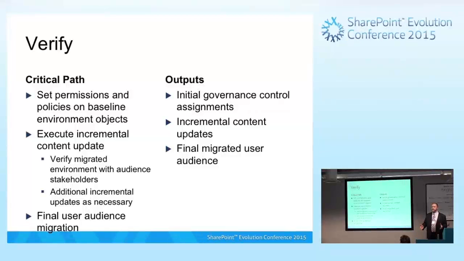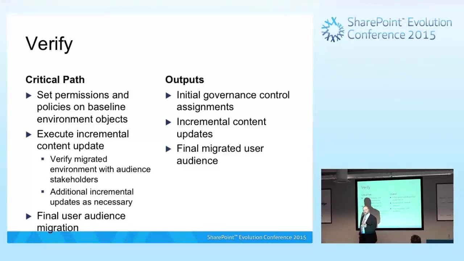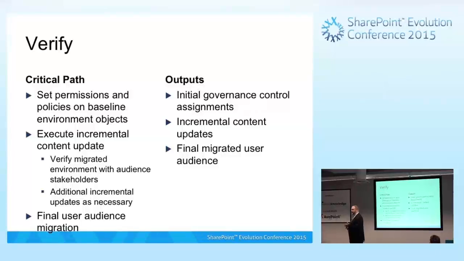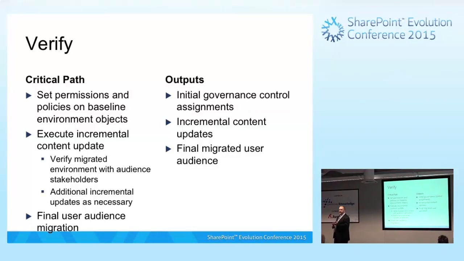And you can't set permissions on something that doesn't exist. So you cannot actually assign permissions and policies to the web applications or to the site collections or to the elements inside, the entities inside the structures, until the structures actually exist. So the first thing you do in the verification stage is extract those from the governance and the requirements and assign them to the objects.